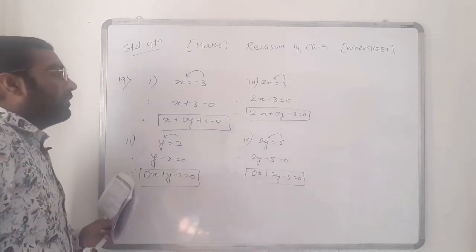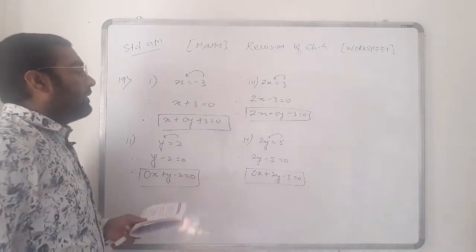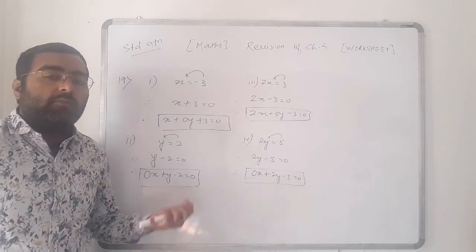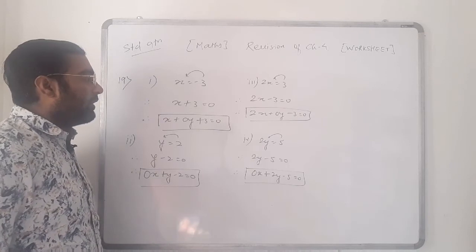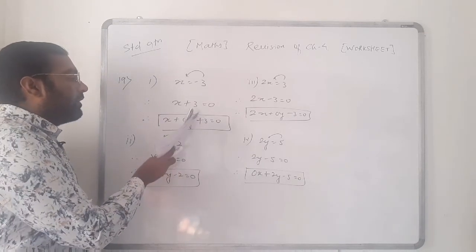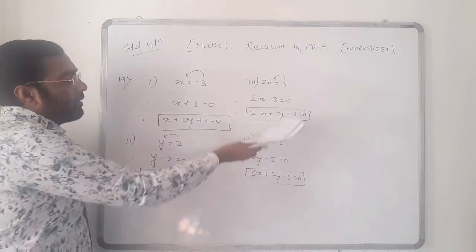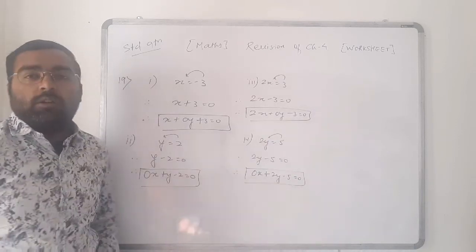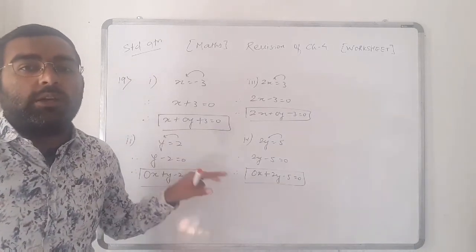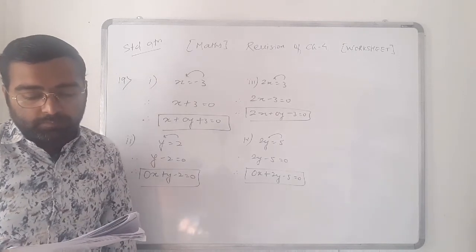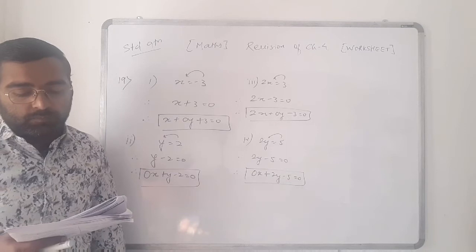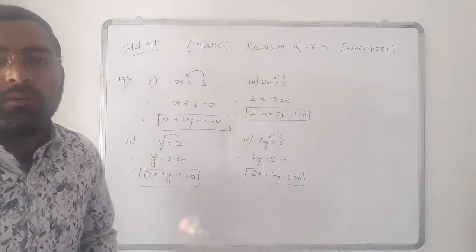In every equation you have seen that either the value of x is not given, or the value of y is not given. So we take 0x or 0y in the equation if x or y is not given. Clear?